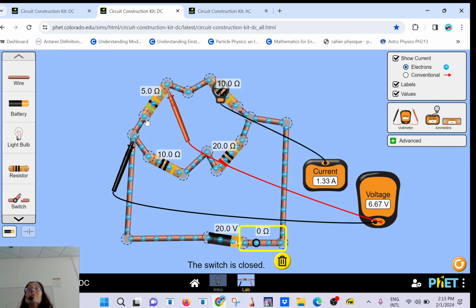Okay? So let me ask you something. Since most of you are in biology, how come I don't see the light flickering here? Do you remember the frequency of the electricity that we get? 60 hertz, right?